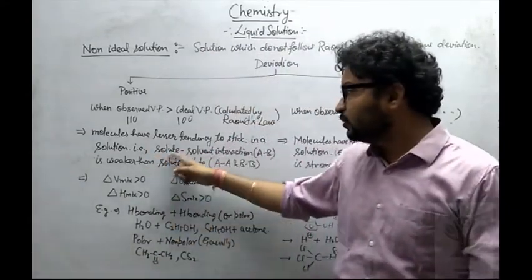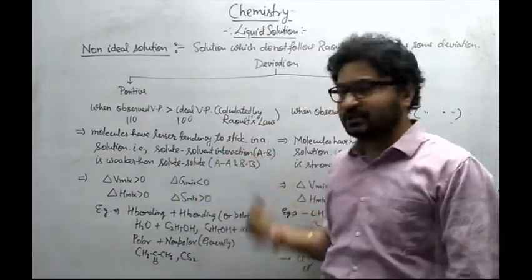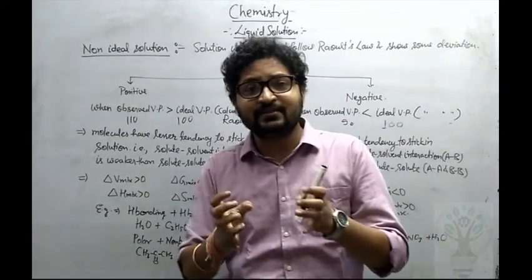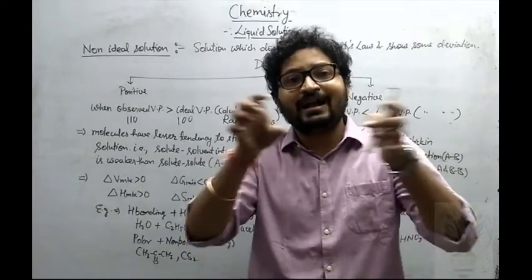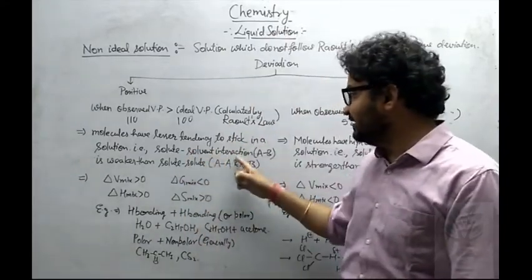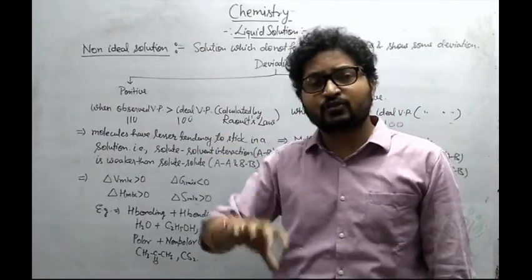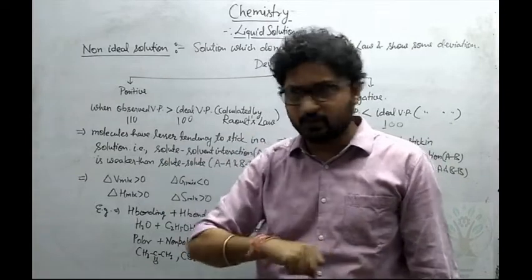So that is solute-solvent interaction, which means AB interaction. AB interaction is formed when we add two different types of compounds. This solute-solvent AB interaction is not strong. If it was strong, A and B would stick in solution.